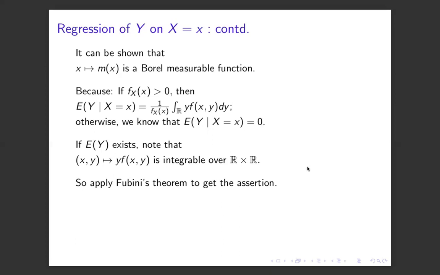And that function of x, you have to integrate with respect to the marginal density of x. For that integral to be defined, in Lebesgue integration, such integrals can only be defined for what are called Borel measurable functions.